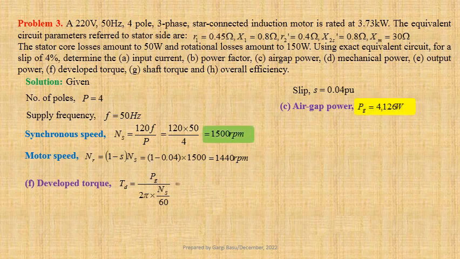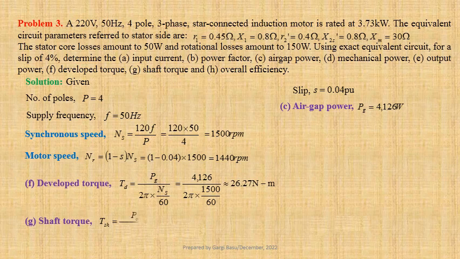Therefore, Td equals 4126 divided by 2 pi into 1500 by 60, which is approximately equal to 26.27 Newton meter.